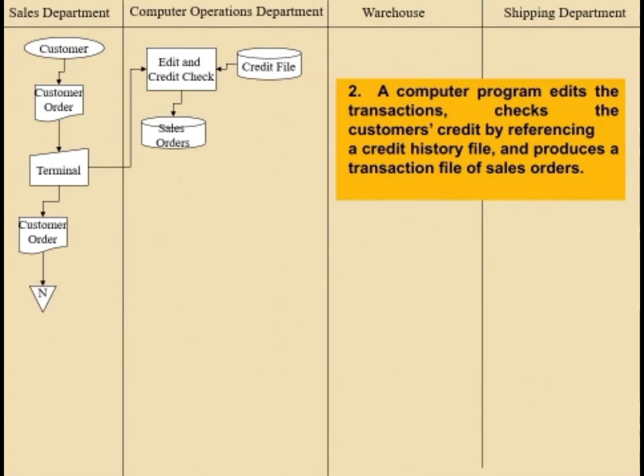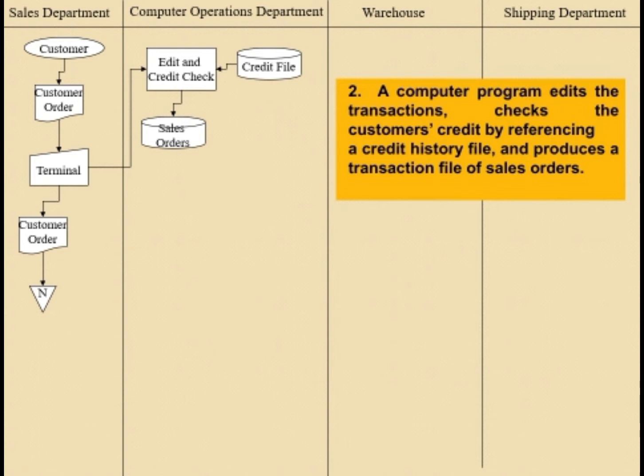Next step, a computer program edits the transaction, checks the customer's credit by referencing a credit history file, and produces a transaction file of sales order.